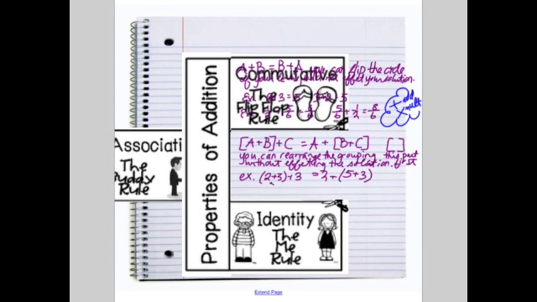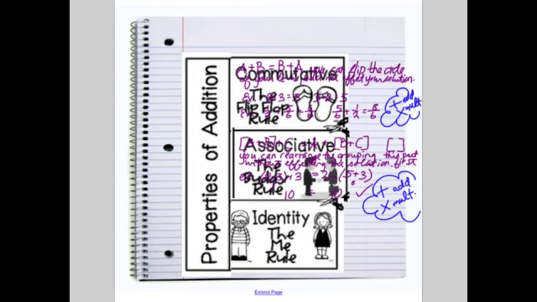So 5 plus 3 equals 8, plus 2 equals 10. On this side, 2 plus 5 equals 7, plus 3 equals 10. Both of these sides are equal, so my rule is effective. Once again, this is only the case for addition and multiplication. You may add or you may multiply numbers and use your associative property.